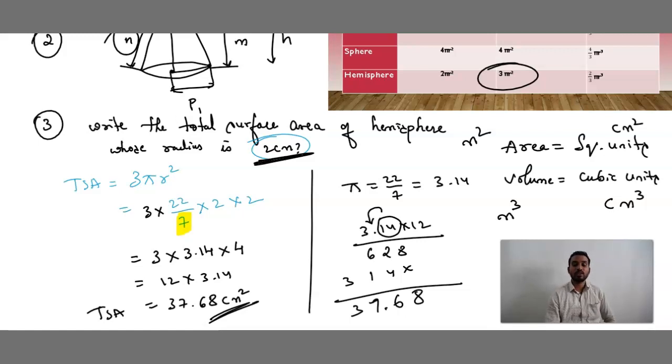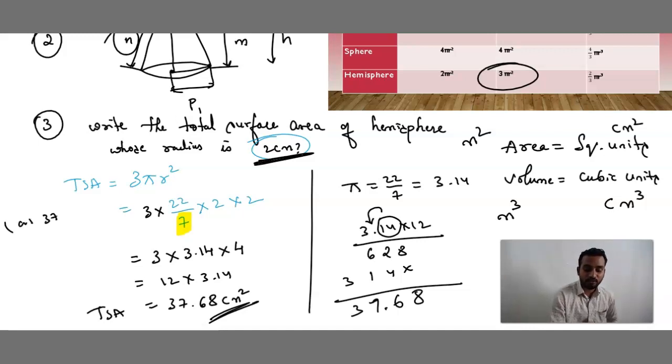Sometimes the same question is given in MCQ: find the total surface area of a hemisphere whose radius is 2 centimeter, or the total surface area of a hemisphere whose radius is 2 centimeter is dash. Options can be given to you like this.